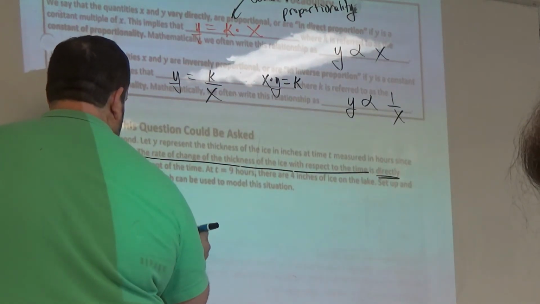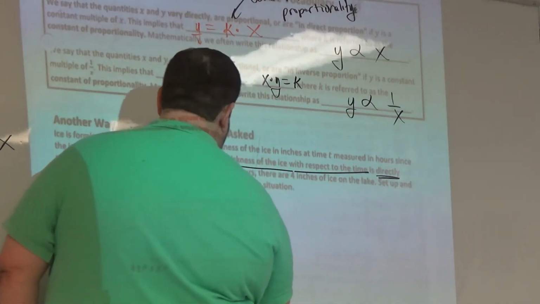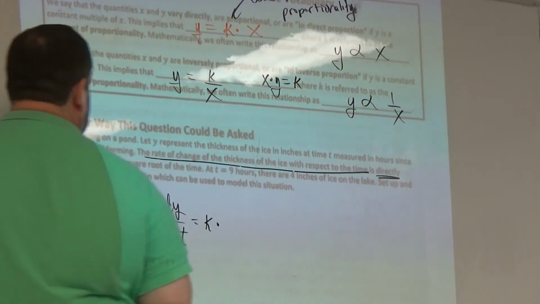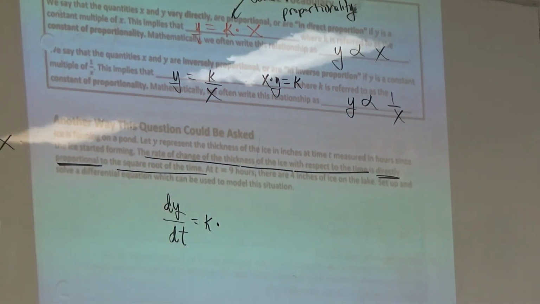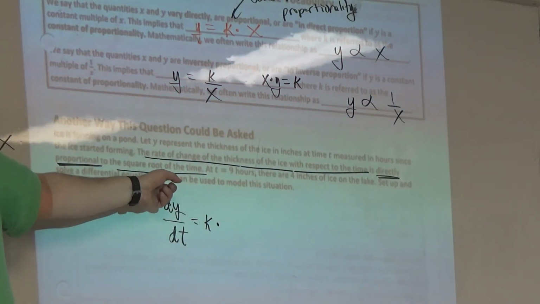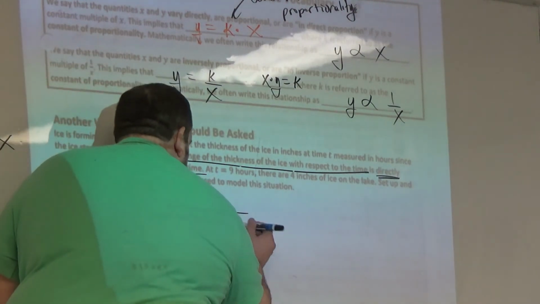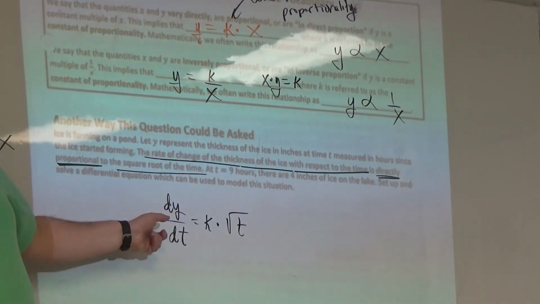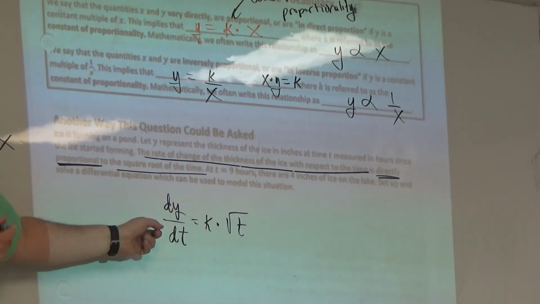All that there is dy/dt. This is directly proportional to, it's a constant times what comes after. Stay with me for a second. Square root of the time. So if t is time, square root of t.